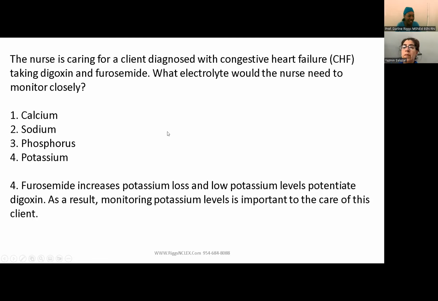So the electrolyte that I am most concerned about is potassium. Okay. So furosemide increases potassium loss, and low potassium could potentiate digoxin, causing the client to be toxic. Okay, so this would not be a high level difficulty question. That's why I have it in learning mode.